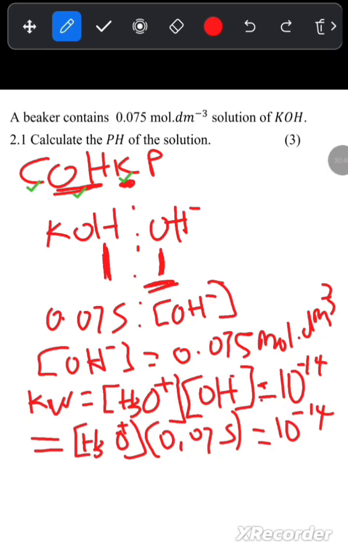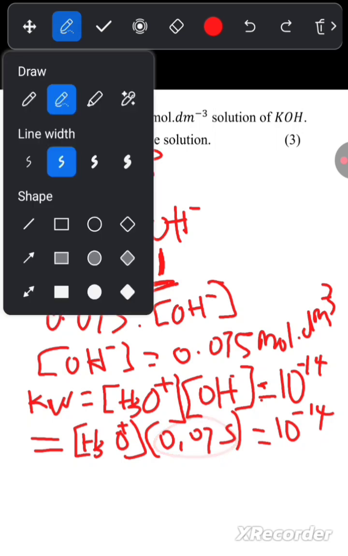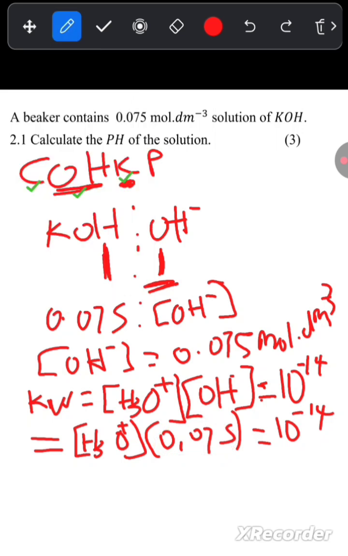So there, you substitute the concentration of OH minus. You put it there, substitute there. You see that one, round brackets. You must use round brackets when you substitute the value. Right? Now you divide both sides by 0.075.